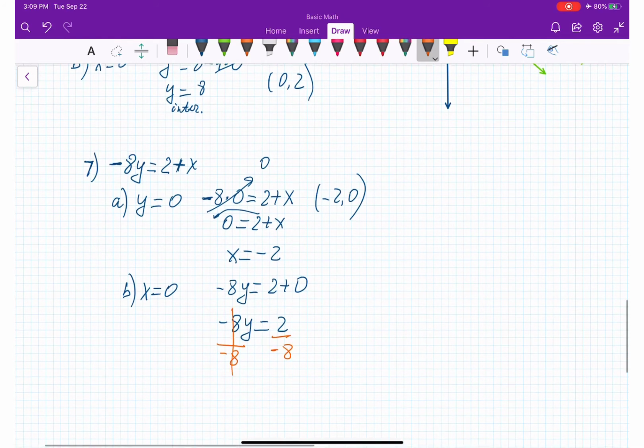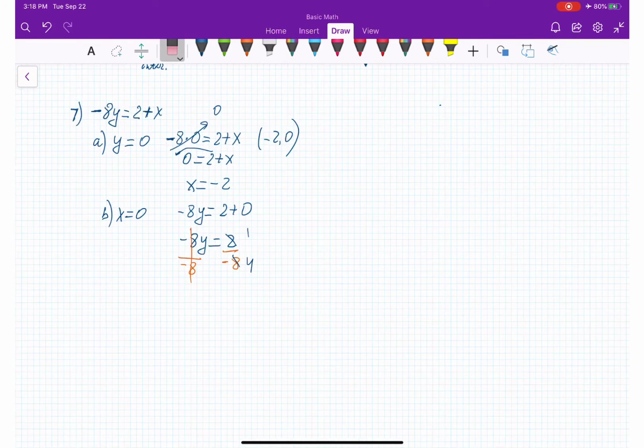So this is gone. And 2 and 8 I can reduce by 2. This is 1, reduce by 2, this is 4. And y is equal to negative 1/4. So it's going to be (0, negative 1/4).